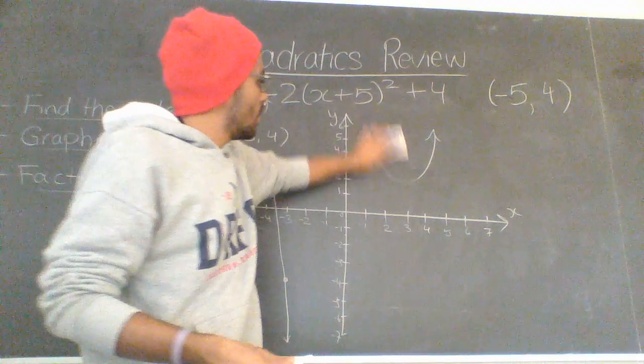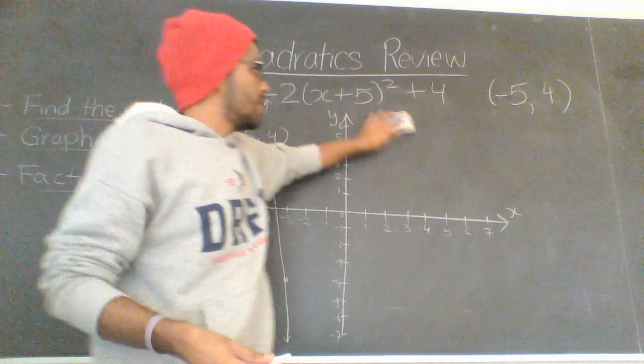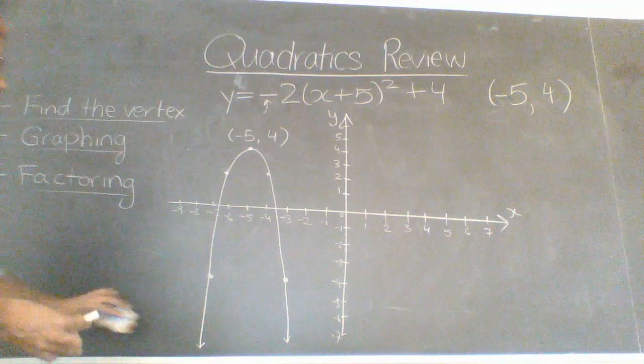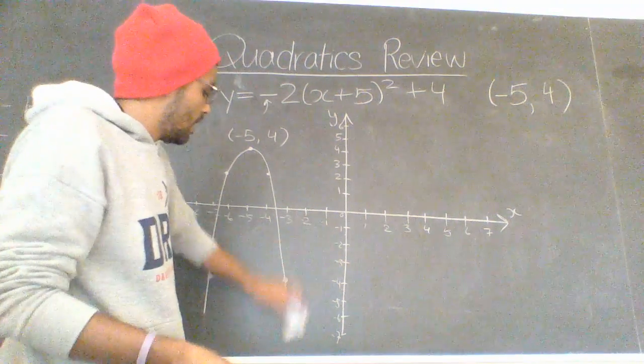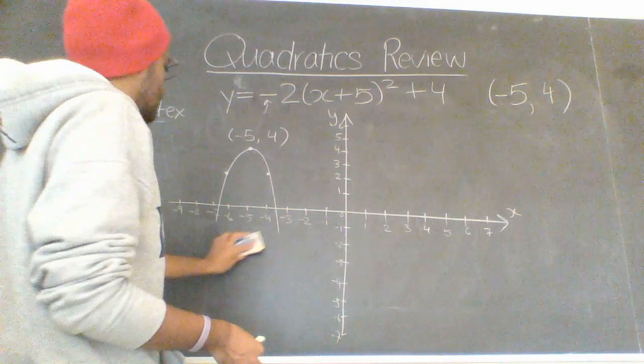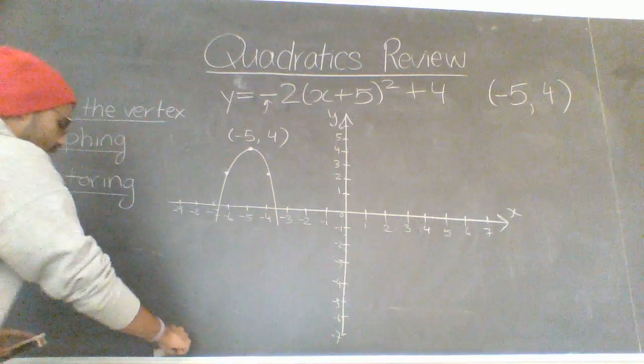You know it goes all the way to infinity. All right, so that's it for vertex form. You'll only be asked to find the vertex and maybe to graph a couple, and that's kind of it. That's it for vertex form.